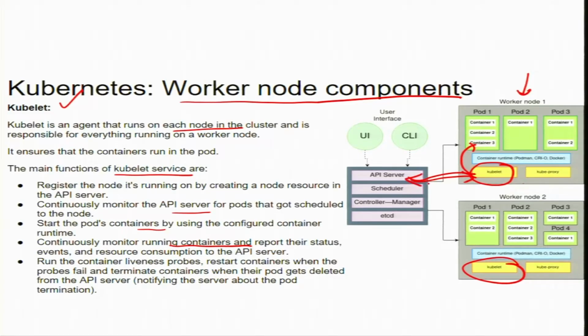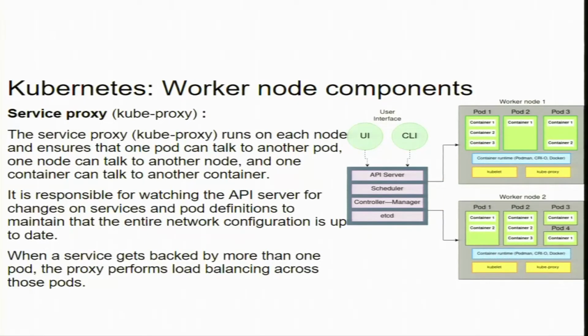The API server is used to update the state in etcd. For that, the kubelet has to keep continuously informing the API server about its current state in the worker node.